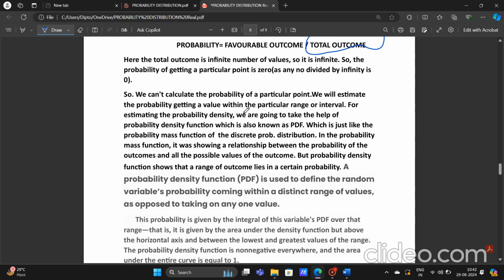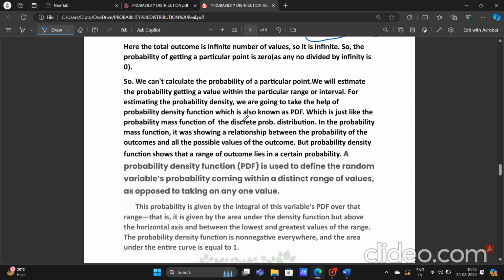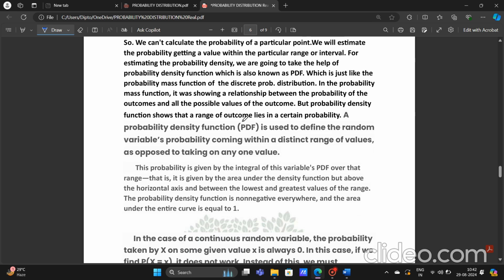So the probability density function is used to define the probability of the random variable coming within a distinct range of values, as opposed to taking any one value. In the probability mass function we are taking a specific value. In the probability density function we are not taking any specific value, we are taking a range. This is how we mathematically represent it.